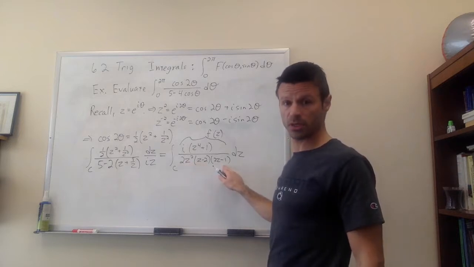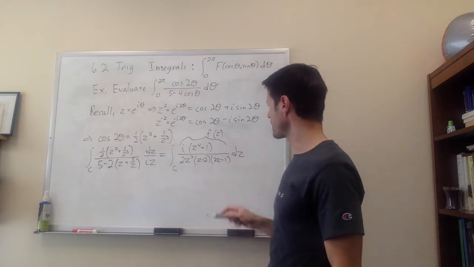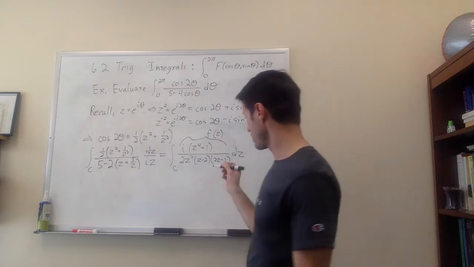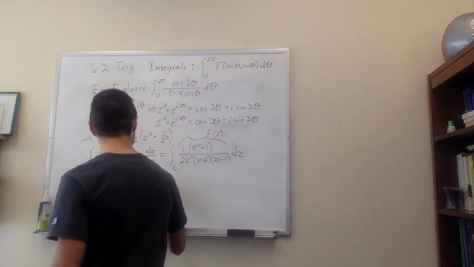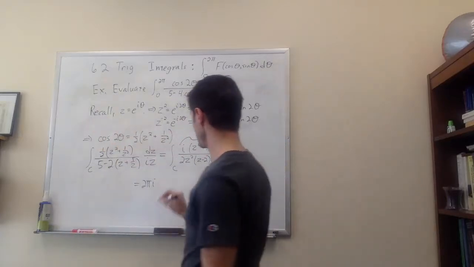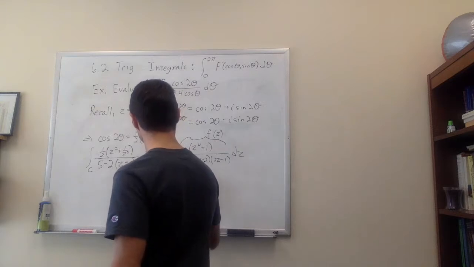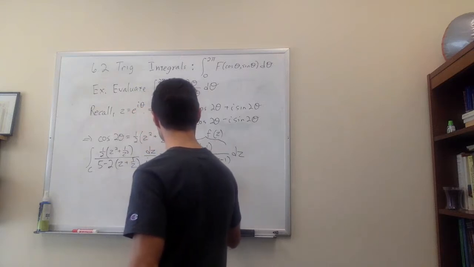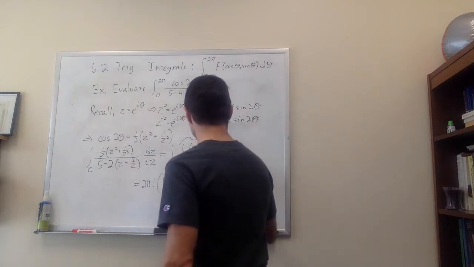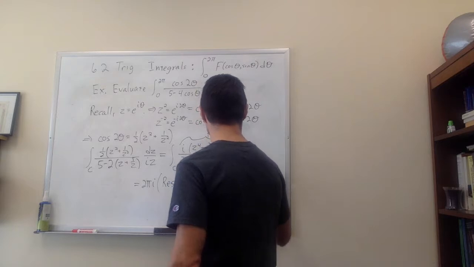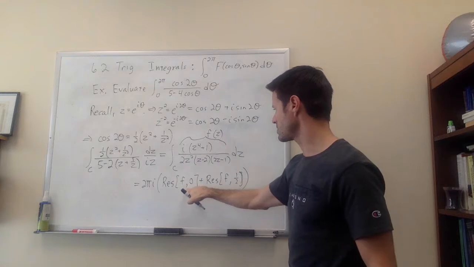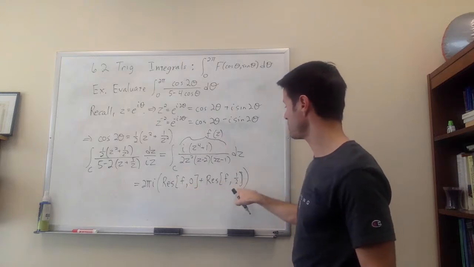Both of those are inside the unit circle. So we can compute this integral by computing residues. Using Cauchy's residue theorem, this integral is 2 pi i times the residue of f at 0 plus the residue of f at 1/2. Now we'll compute both of these. Remember, 0 is a pole of order 2, and 1/2 is a pole of order 1.